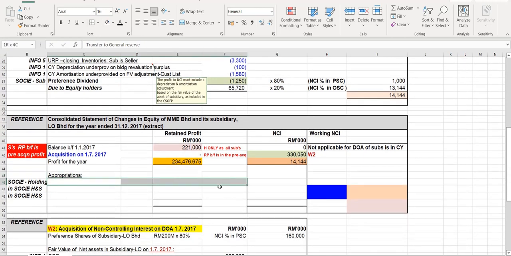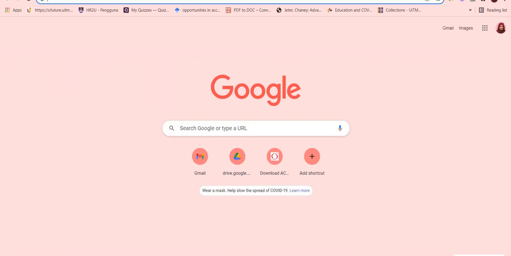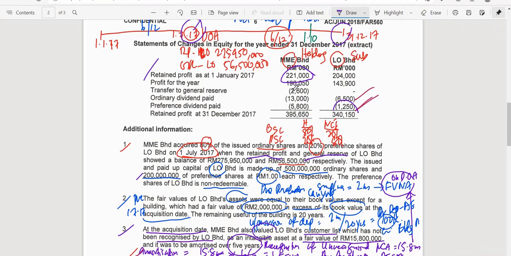So now we go and do things for the subsidiary and for the parent, which is much easier. For the parent, if you go to the statement of changes in equity, I just simply take the one that were here straight away, transfer to the general reserve. There was none for the subsidiary. Ordinary dividend paid, just the parent only.